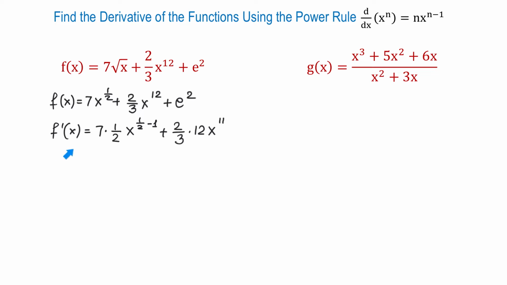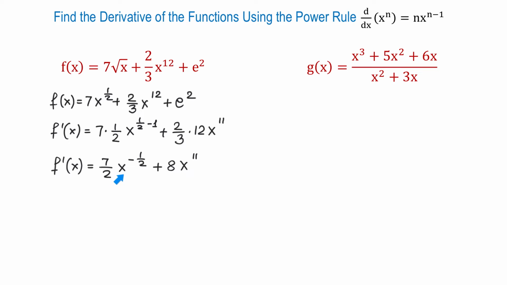From here, we just need to simplify this expression. F prime of x equals 7 over 2, and 1/2 minus 1 is negative 1/2. Then in the second term, 12 divided by 3 is 4, and 4 times 2 is 8. Then we will have plus 8x to the 11th power.